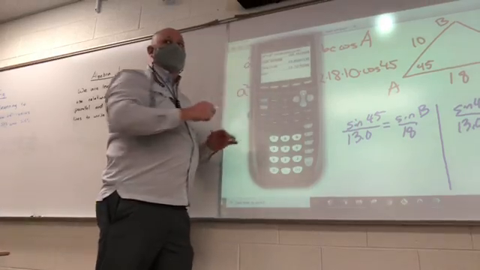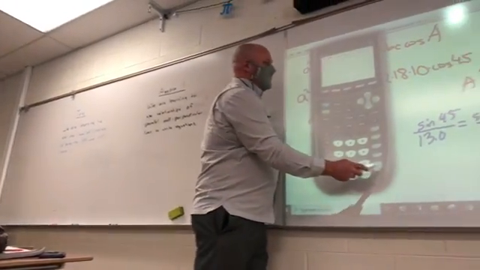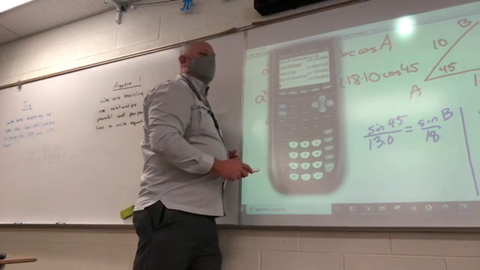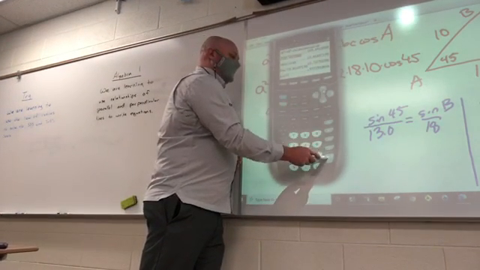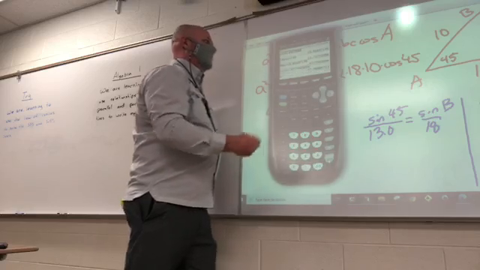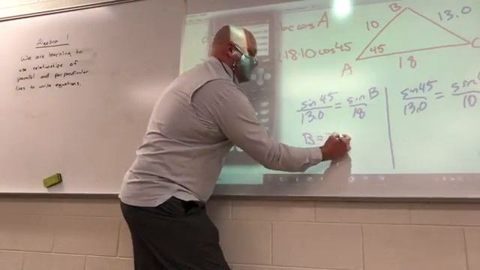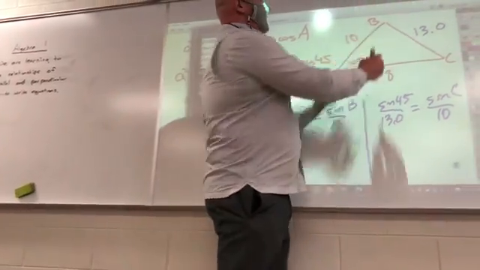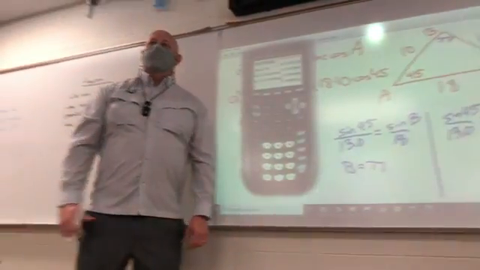I'm going to go up and grab the whole thing, right? Don't use a rounded number. Just go up and grab the whole thing. And then I'm going to inverse sine this. If I told you that the answer to this question, that angle B was 77 degrees, would you say that seems like a reasonable number? Yeah.